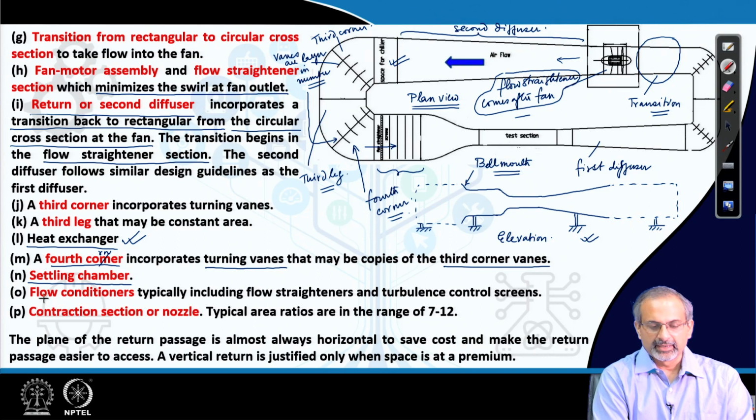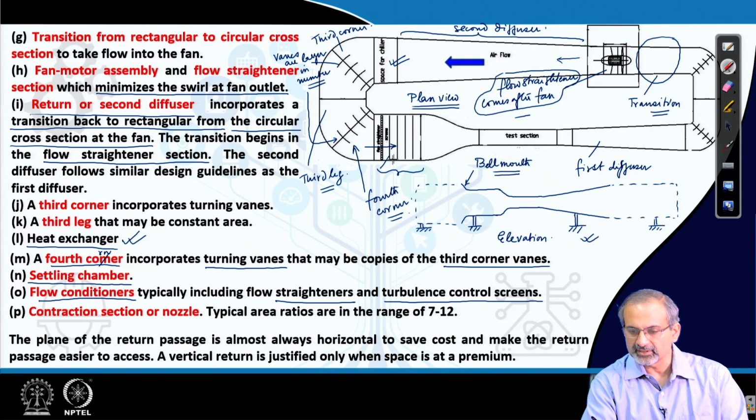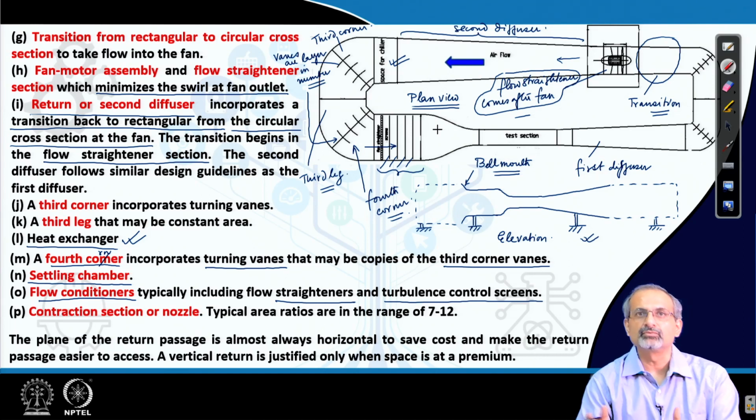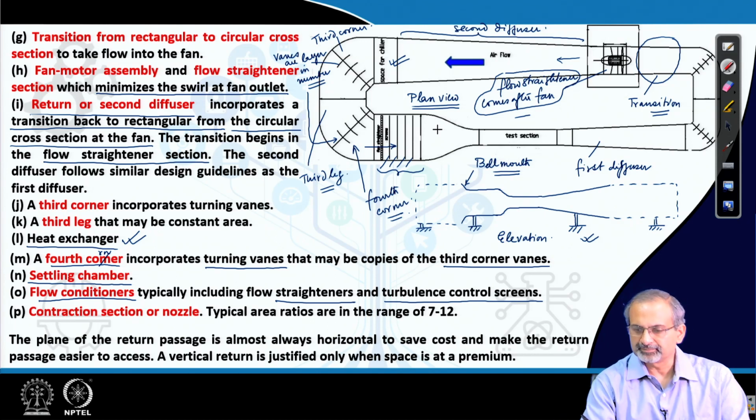And then inside the settling chamber, you have flow conditioners, typically flow straighteners, turbulence control screens, which are shown using different lines over here. So, there are screens of different sizes which are arranged starting from larger to finer sizes one after the other, which will reduce the turbulence significantly.